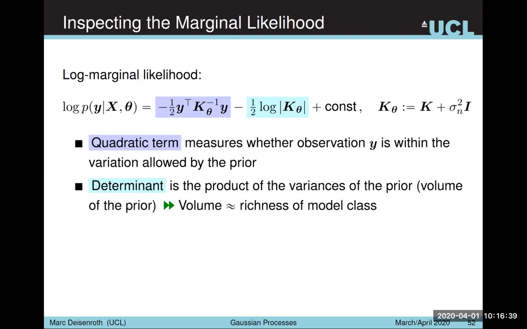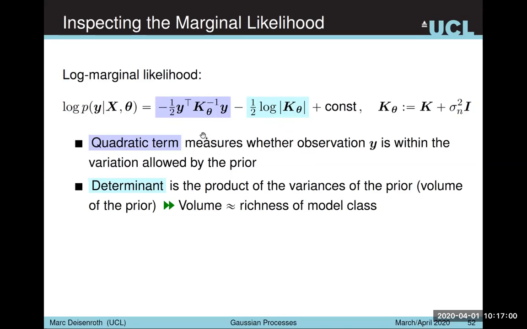And that ties back to the question that we had early on. What do we mean by model complexity? How do we measure this? So this term in the marginal likelihood is exactly this penalty term on the model complexity class, this log determinant term.